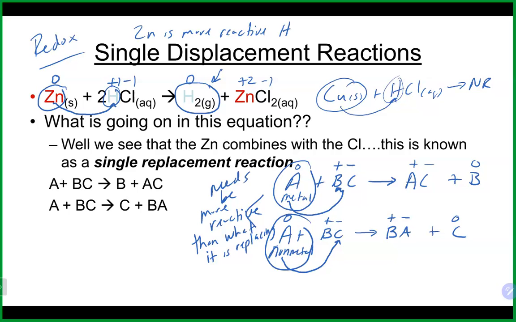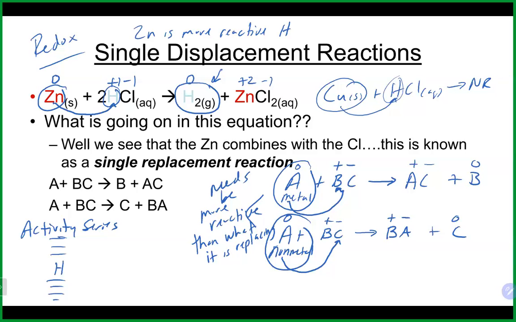So one way you could tell if these will work is actually to do the reaction. There's also what is referred to as an activity series that you might sometimes come across. And usually at this level, there is basically hydrogen somewhere in the middle, a bunch of other elements above it, a bunch of other elements kind of below it.